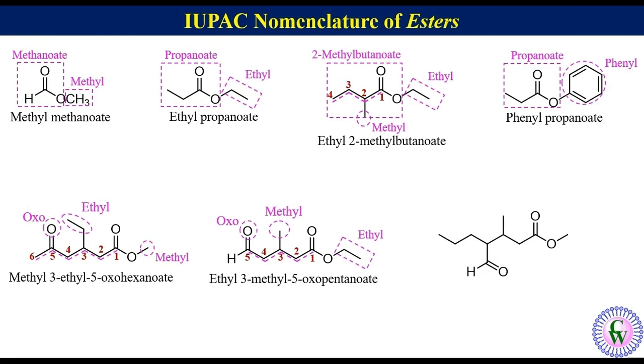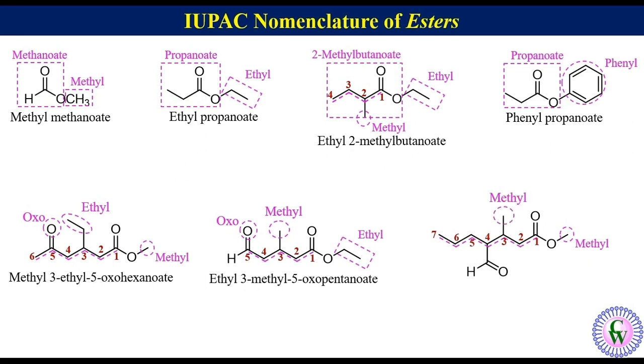Let's have one more similar example. Here R' is methyl. This longest carbon chain with 7 carbon atoms is the parent chain. Numbering will be 1, 2, 3, 4, 5, 6 and 7 like this.